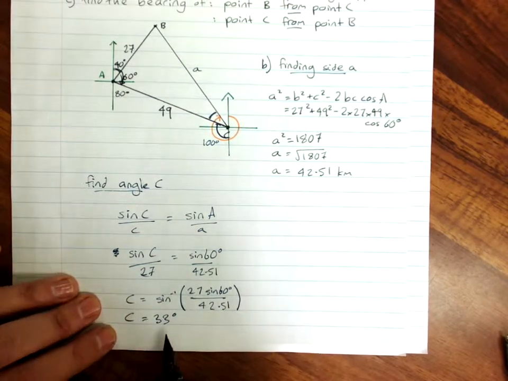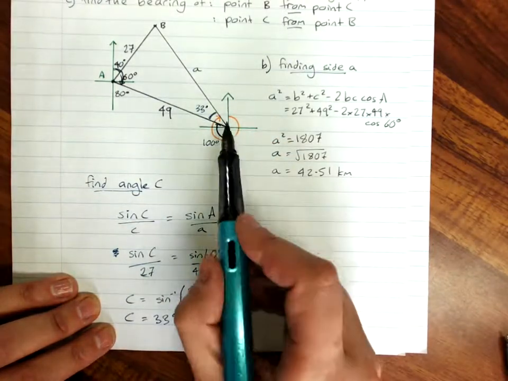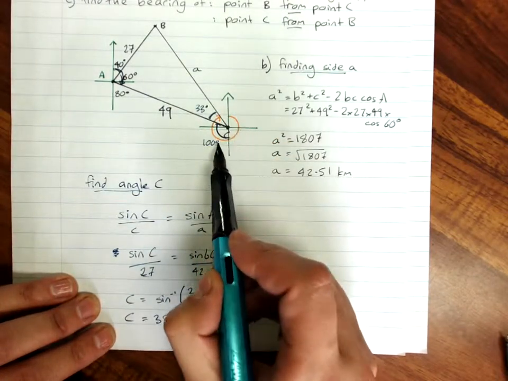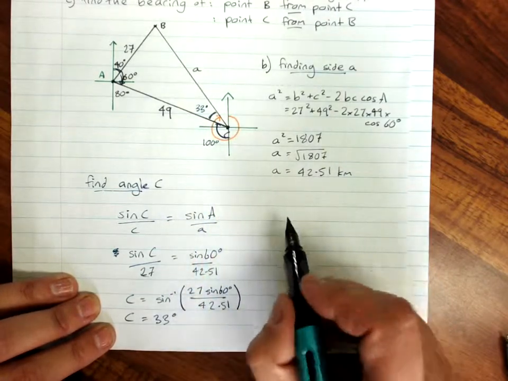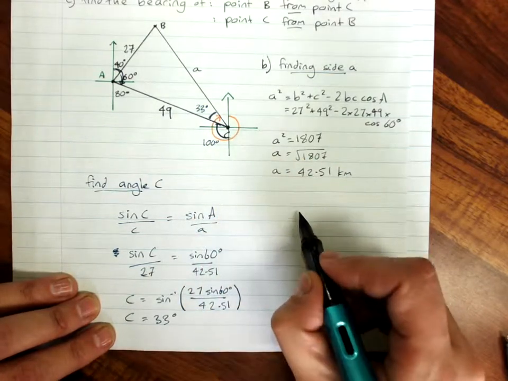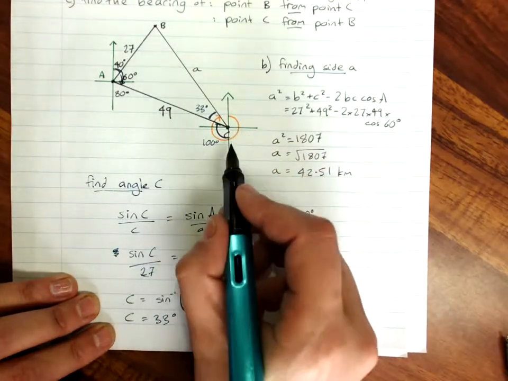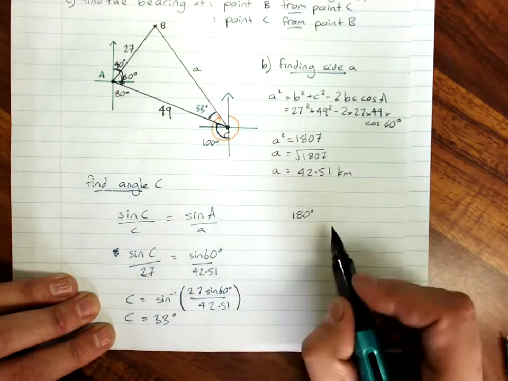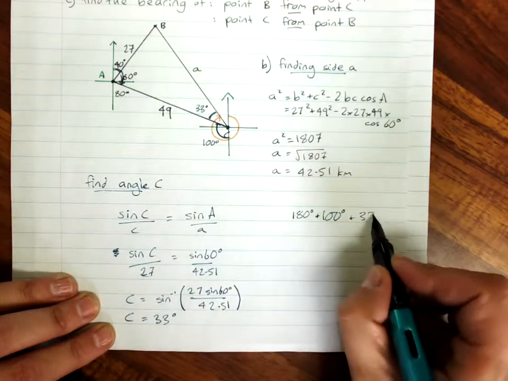Now that isn't your bearing. That's 33 degrees in there. And by drawing the whole bearing that you need, you can really clearly see what you need. So that whole angle is 180 degrees, round to here, plus 100 degrees, plus 33 degrees.